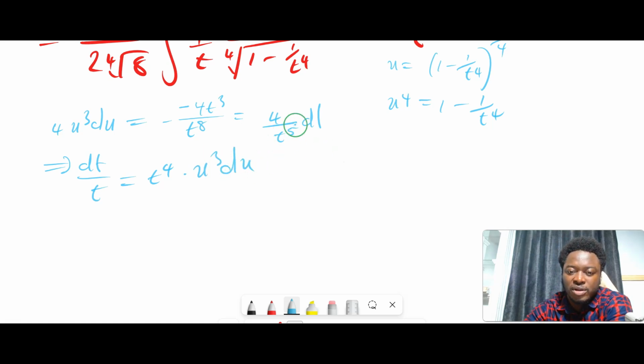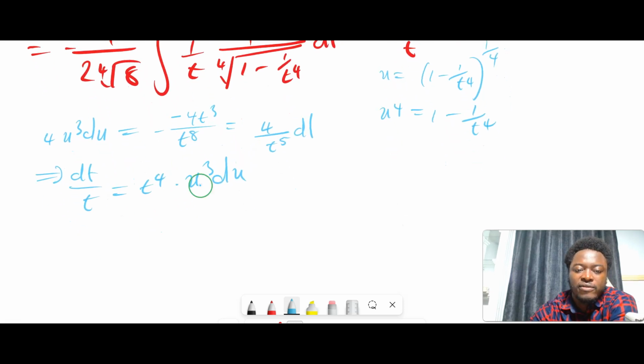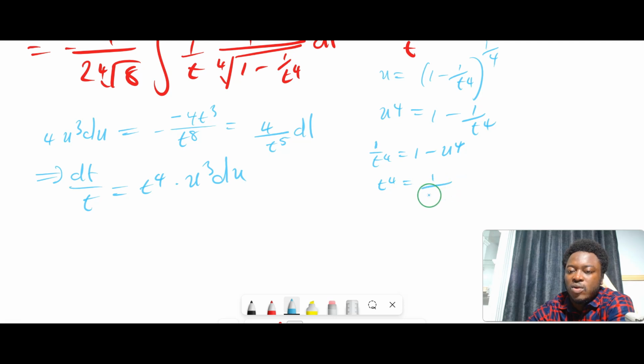Practice that, because here you have a dt over t to the fifth, so we took a t to the fourth power, multiplied both sides, so dt over t is equal to t to the fourth times u cubed. Now let's see if we can put it in terms of u. What is t to the fourth power? Because you have 1 over t to the fourth power equals 1 minus u to the fourth power, t to the fourth power here is 1 over (1 minus u to the fourth power).